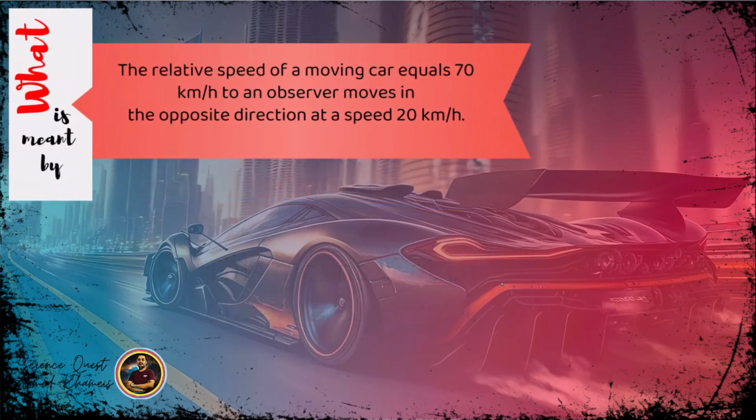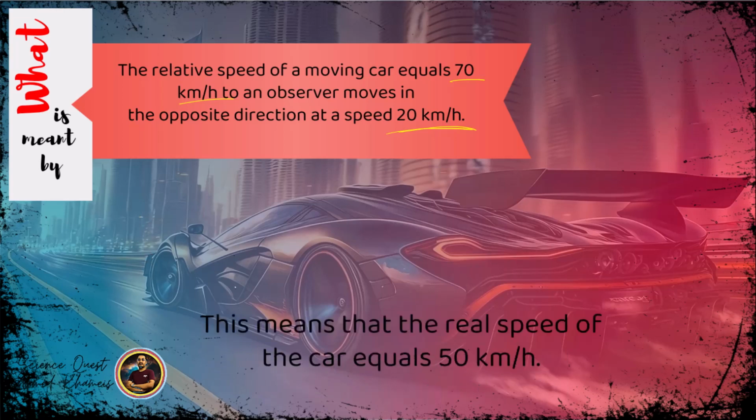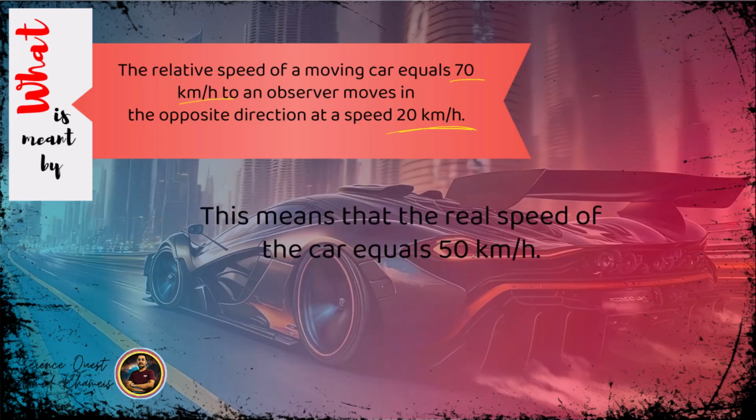What is meant by the relative speed of a moving car equal to 70 km per hour to an observer in the opposite direction at a speed of 20 km? This means that the real speed of the car equals 50 km.